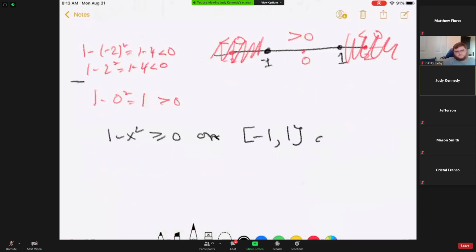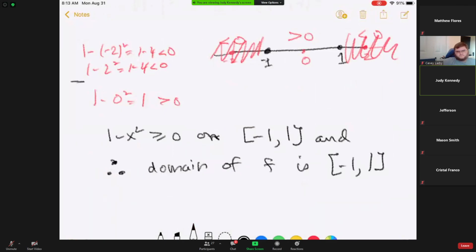And that little symbol means therefore. Therefore, the domain of this function is minus 1 to plus 1.